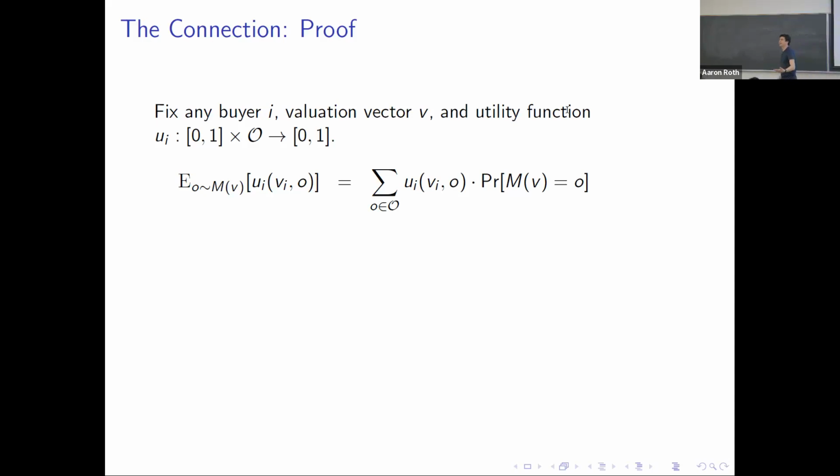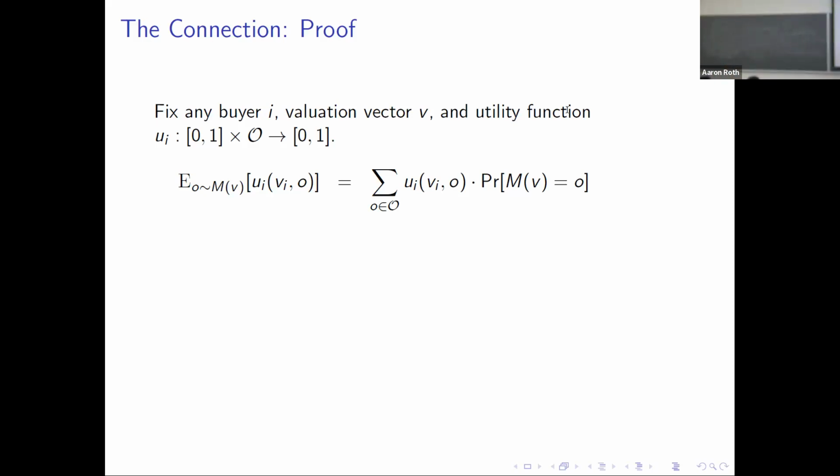That's not something he can change. He can lie about it to other people, but he can't lie about it to himself. His true value is always the one plugged into his utility function when we figure out how happy he is. And then the other input to his utility function is the outcome. That's the thing he can try to change. It's drawn from the distribution on outputs by the mechanism that is induced by the bids of everyone, including him.